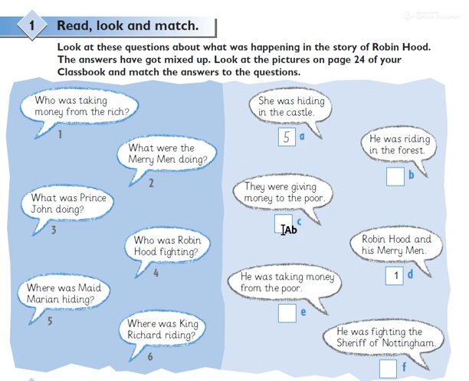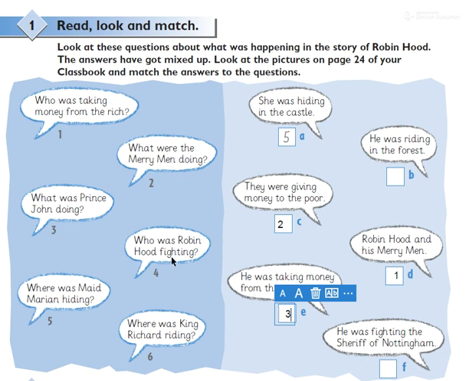Yeah, they were giving money to the poor. So this number 2. Okay, now number 3. What was Prince John doing? He was taking money from the poor. Yeah, so this number 3.